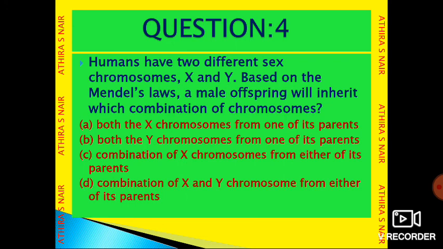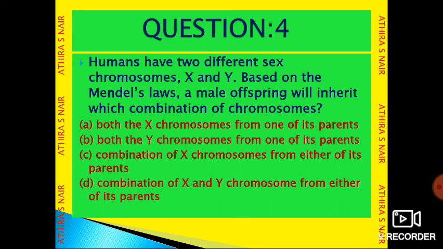Question number 4. Humans have two different sex chromosomes X and Y that we learned today. Based on Mendel's laws, a male offspring will inherit which combination of chromosomes? That is mainly, which combination of sex chromosomes will a male offspring inherit?